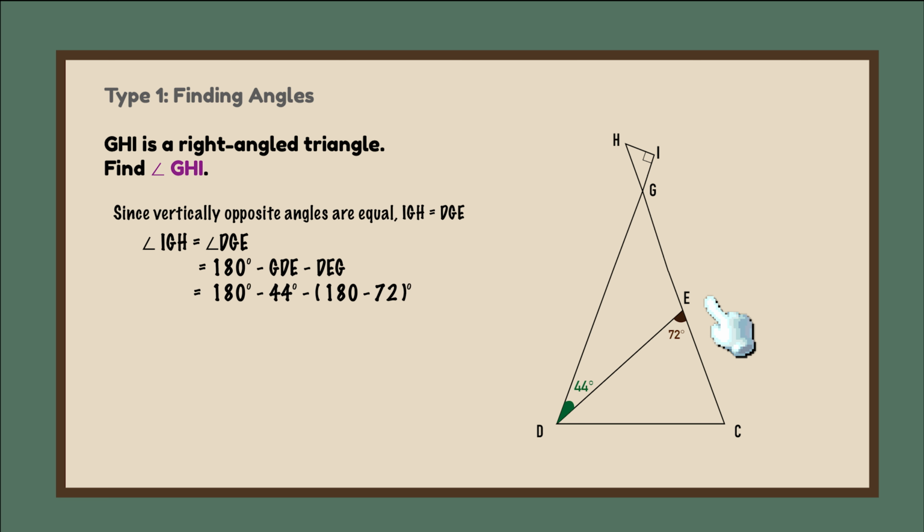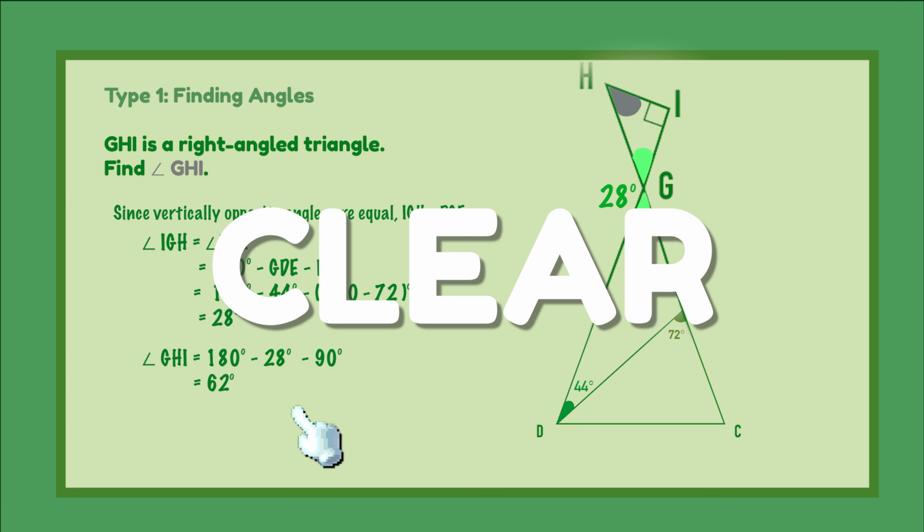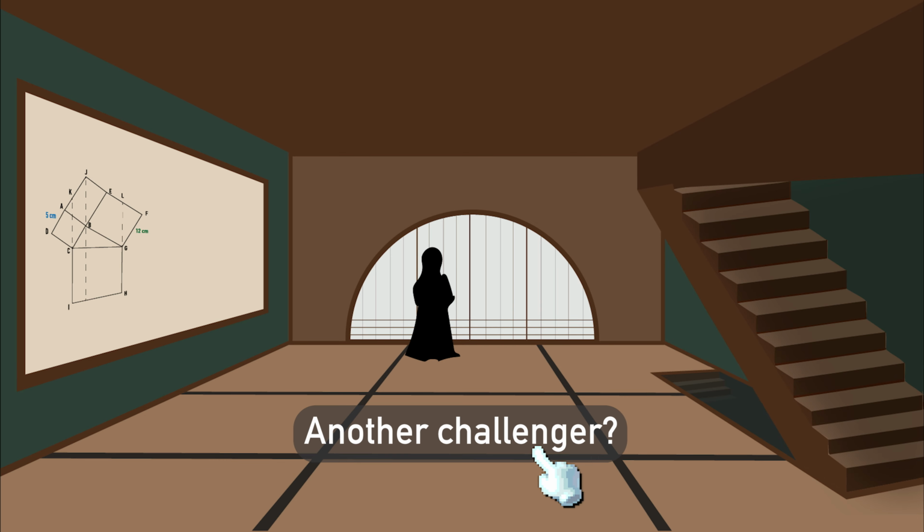And we see that DGE is 28 degrees, which means that I can now find GHI. Because I know two angles, I can just take 180 degrees minus 28 degrees minus 90 degrees, and that should give us the answer. 62 degrees. Is it right? Okay, it's right. So 2 questions down, and ooh, seems like we're on to the next level.